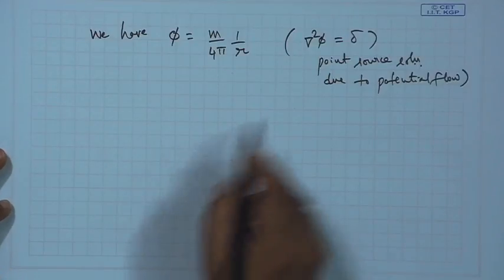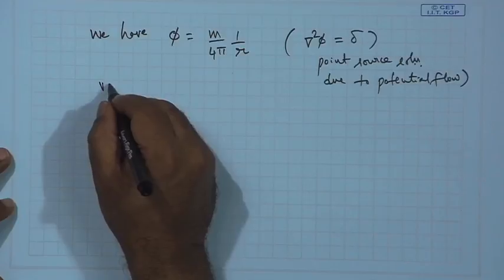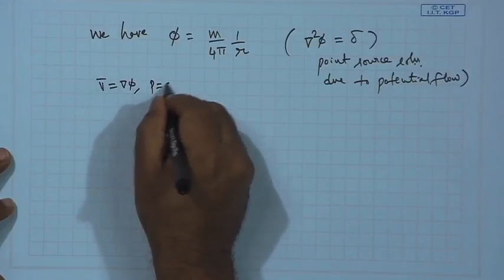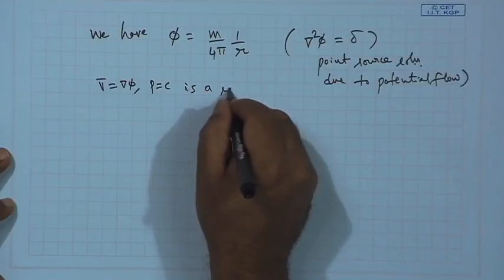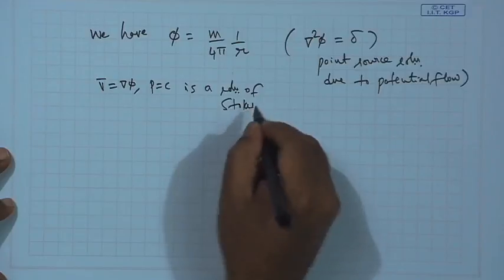Now, we have shown that V bar equal to grad phi, P equal to constant is a solution of Stokes flow.